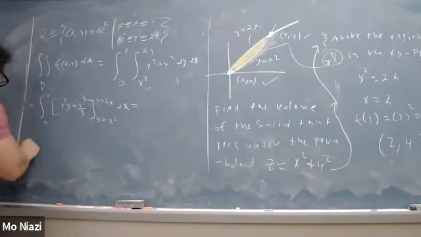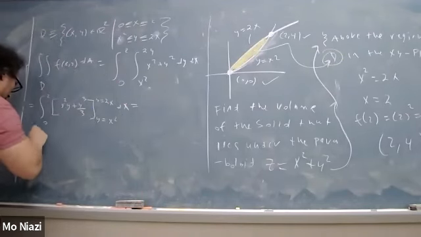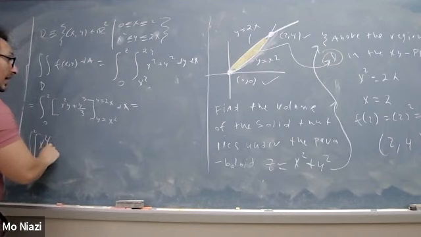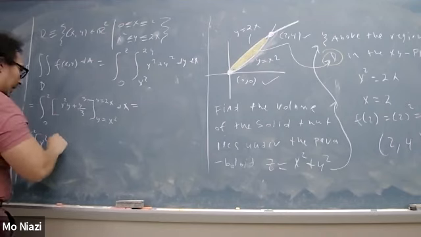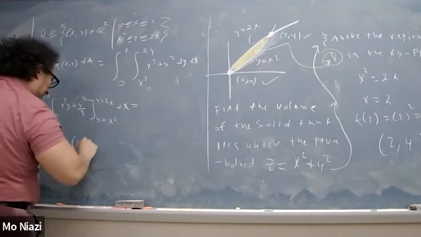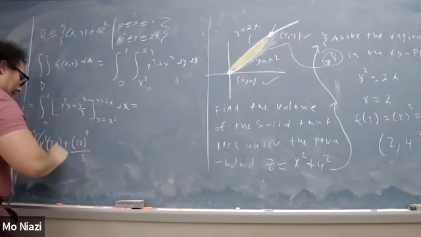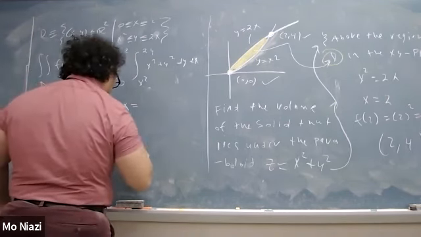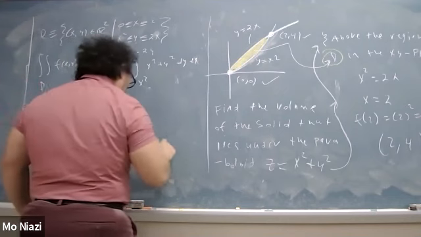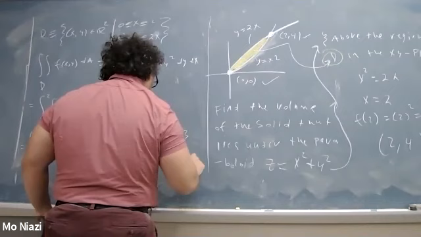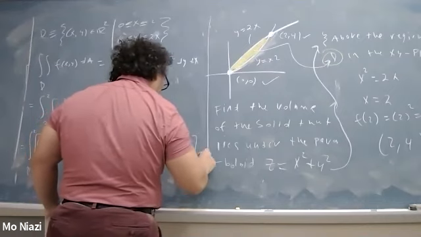So this equals the integral from 0 to 2 of, let's evaluate, x squared times 2x plus 2x cubed over 3, everything subtracted by x squared times x squared plus x squared cubed over 3, dx.